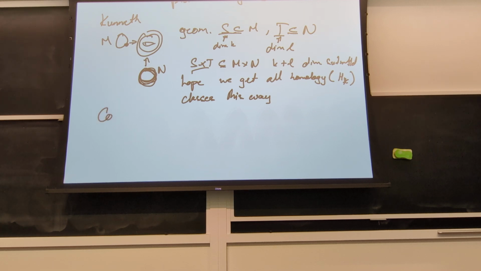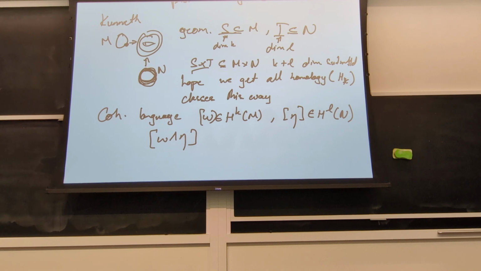And then in cohomology language, let's say that you have forms omega inside H^k of M and eta inside H^l of N. Then you would hope that omega wedge eta is going to be inside H^(k+l) of M cross N, and the hope is that you can get all of H^(k+l) like this.